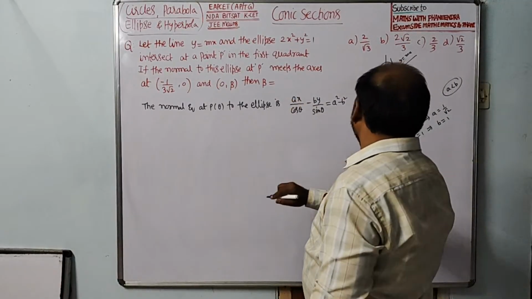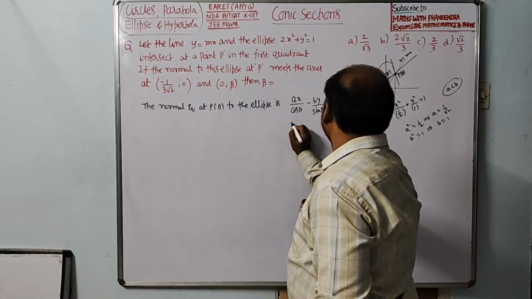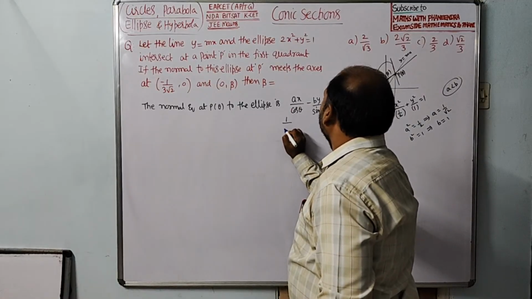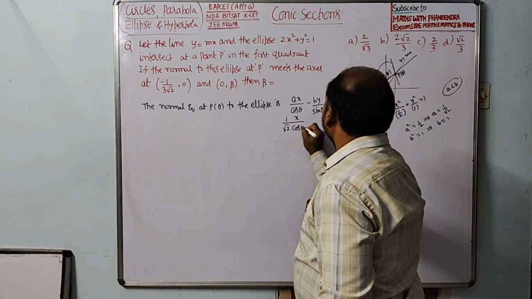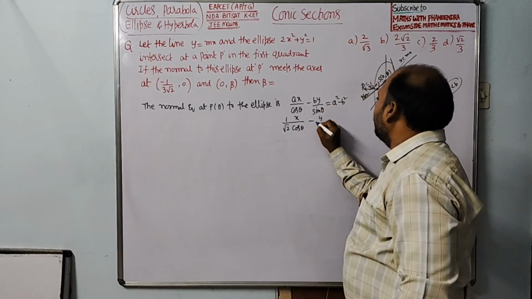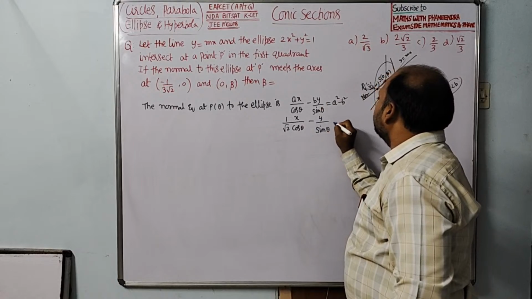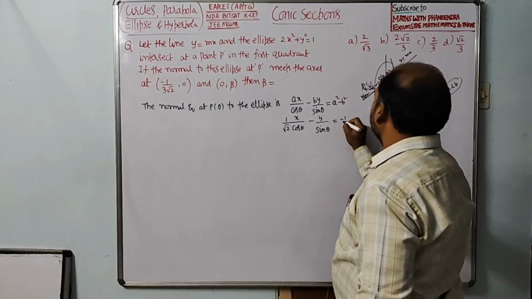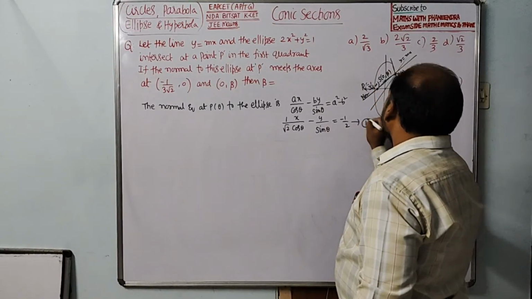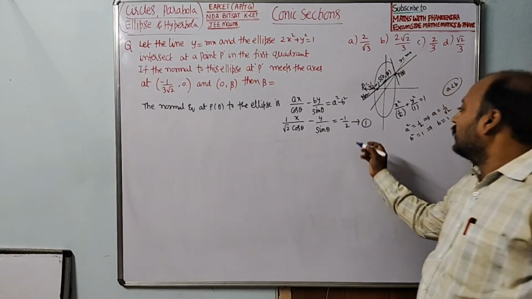So a is 1/√2, b value 1. So (x/√2)/cos theta minus y/sin theta is equal to a square minus b square, 1/2 minus 1 is minus 1/2. Equation 1 I am taking.